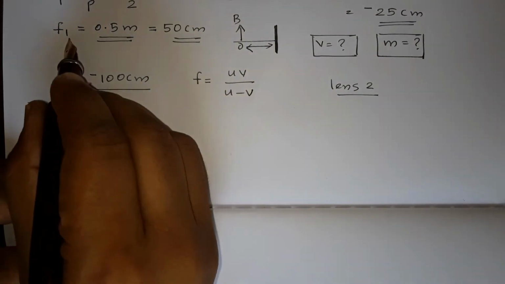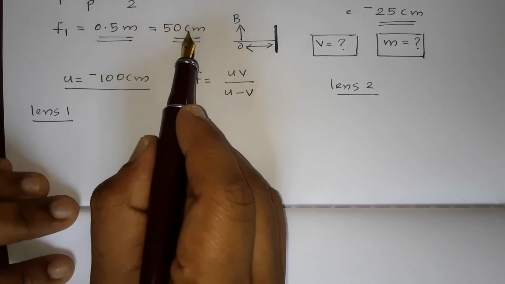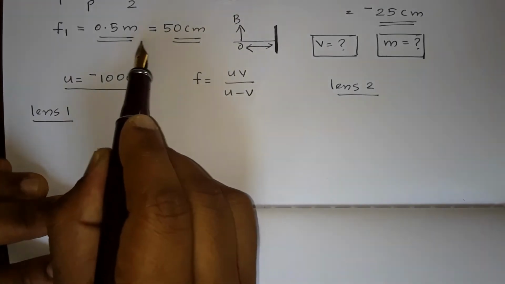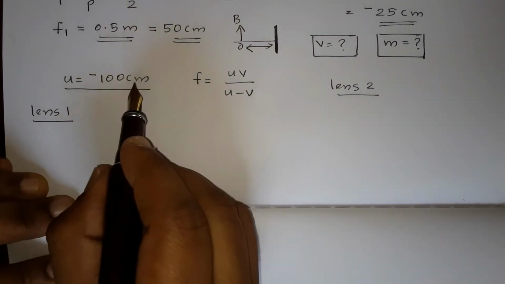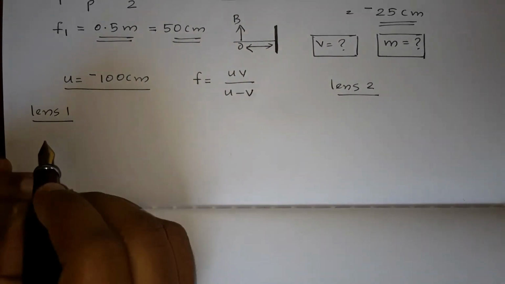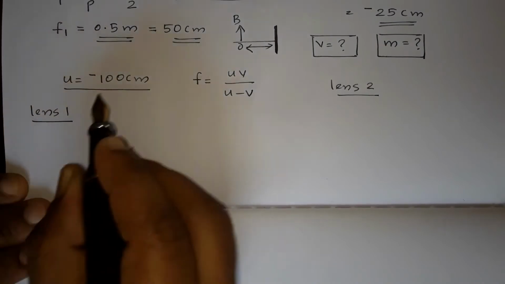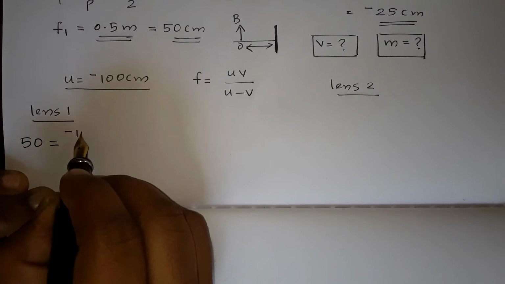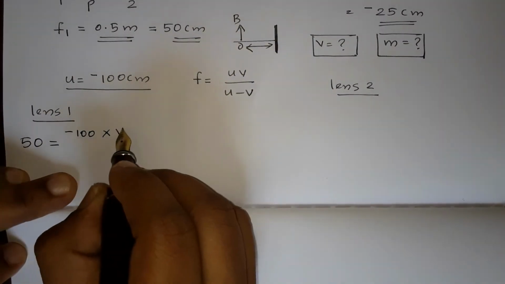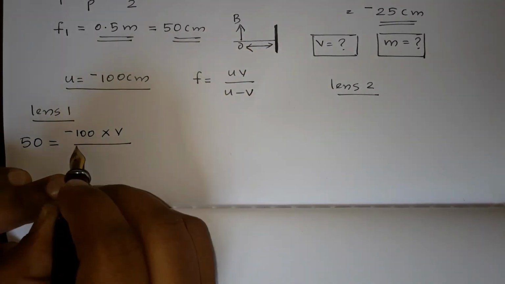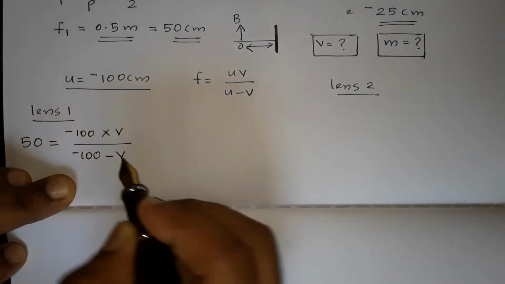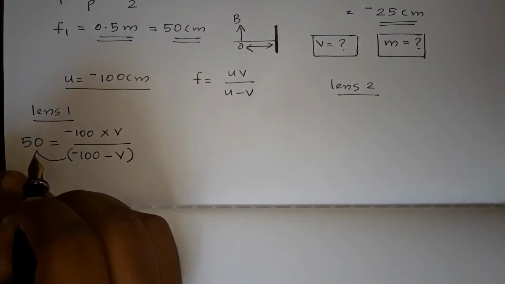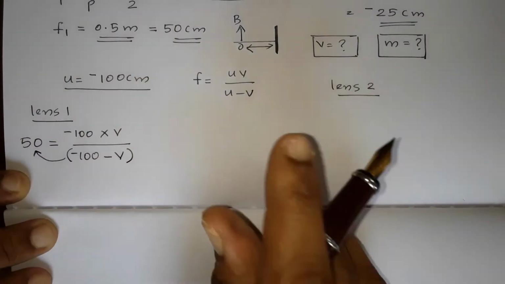F in the first case is 50. Here it is in centimeters and u is also given in centimeters. That is why we have converted the focal length into centimeters to do the rest of this problem. So f 50 is equal to u, minus 100, into v, which is unknown, by u minus v. Now I am going to take this denominator part to the other side of the equal to symbol.